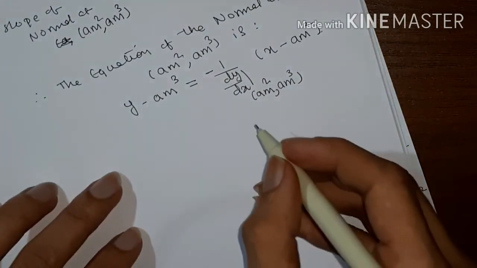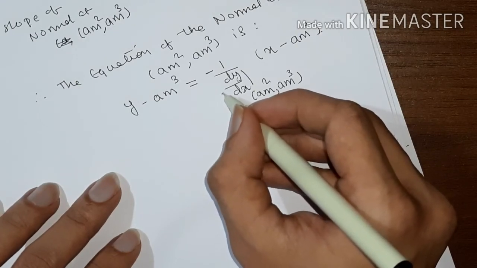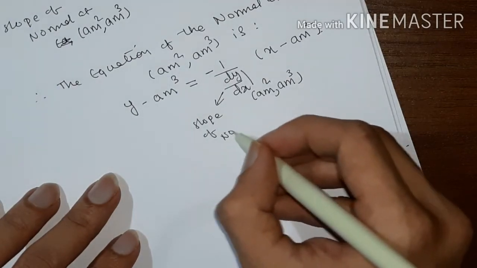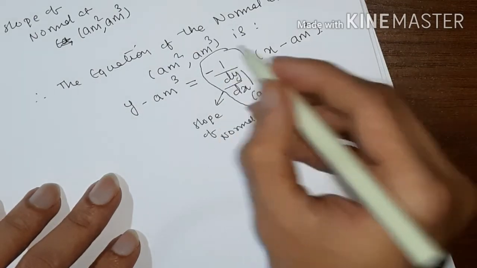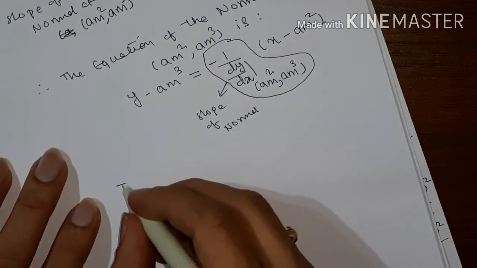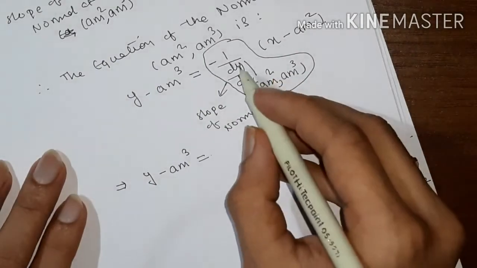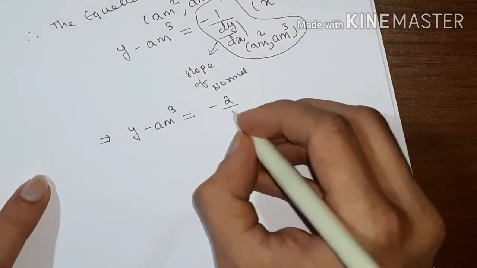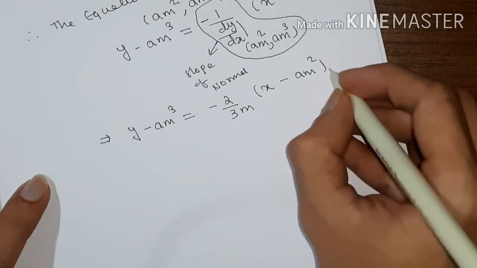Okay, so this you know is the equation of the normal. You have the direct formula. So this is nothing but the slope of the normal. So what we will get, y minus am cube equal to, slope is direct from here, minus 2 divided by 3m, right, multiplied by x minus am square.